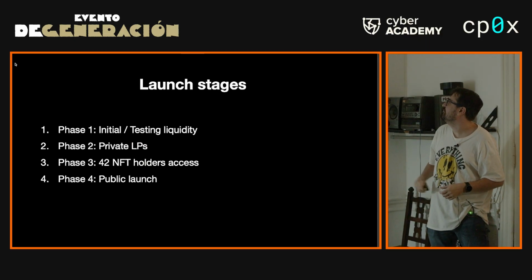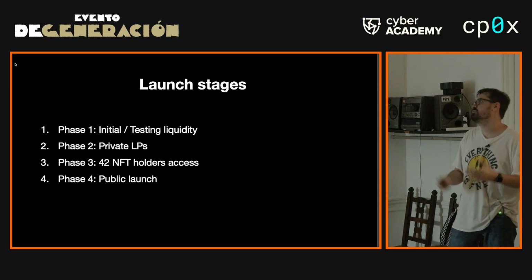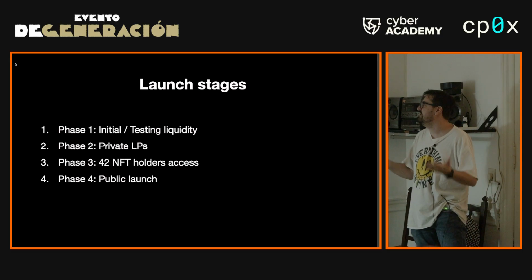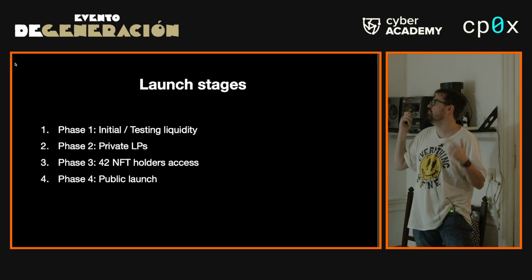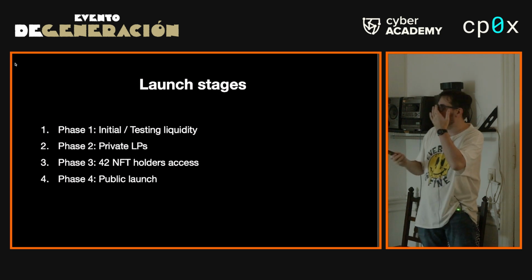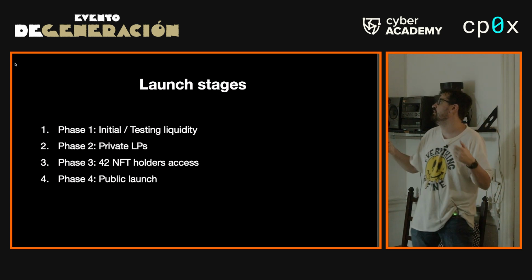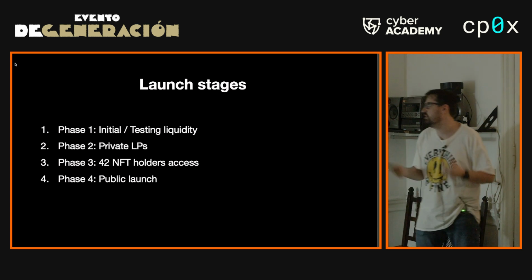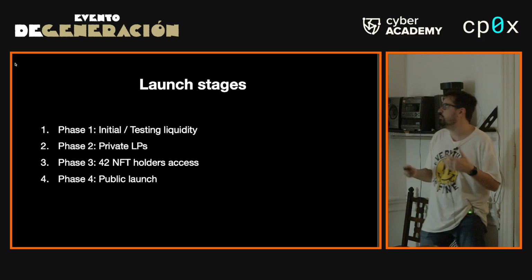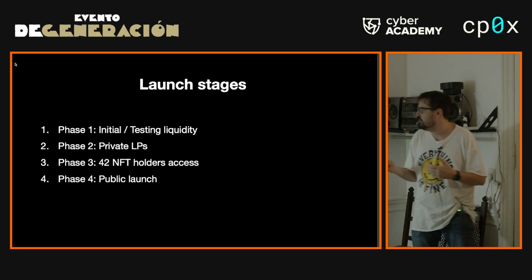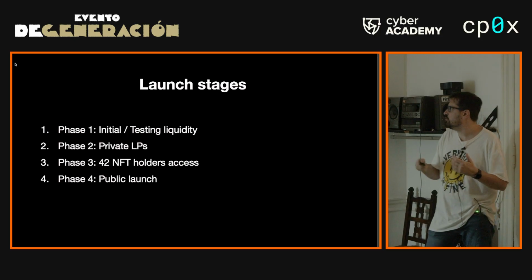And yeah, launch stages. Right now we have 7 days on the mainnet. Phase number 1 is already done. We did it with our private test initial liquidity. Right now we have private LPs. After that, we give access to our protocol to our community, 42 NFT holders.